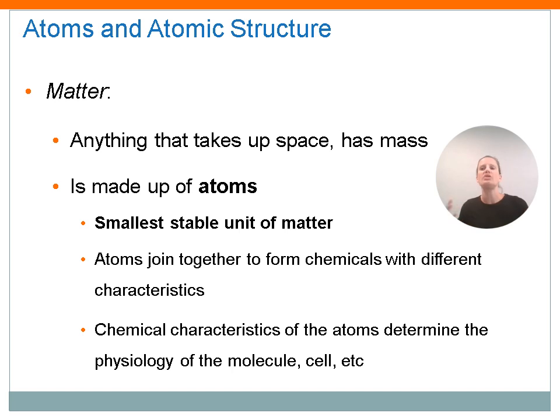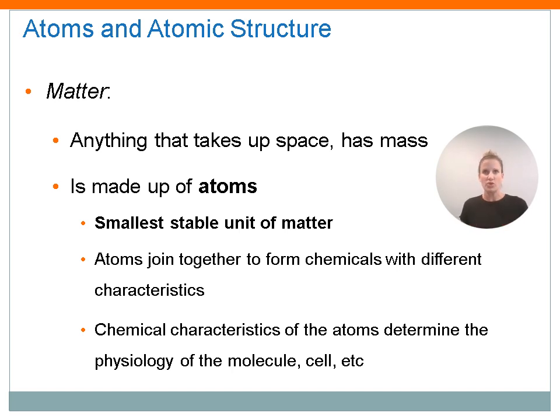Okay? And we can combine atoms in all sorts of different ways to give us all different types of compounds, like fats or sugars or proteins. Now, the chemical characteristics of the atom are important, like the size of the atom, the charge of the atom. This is important because it's going to determine the physiology, or the behavior of the molecule.